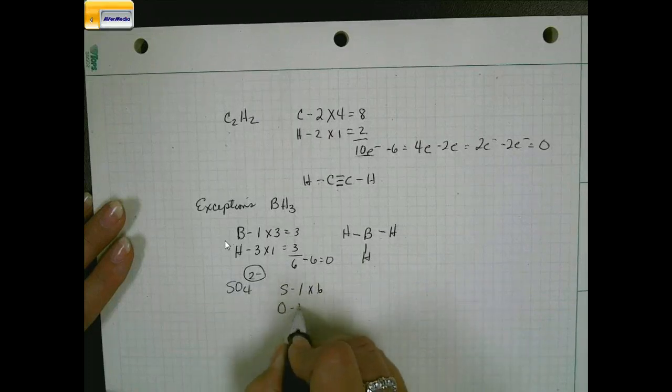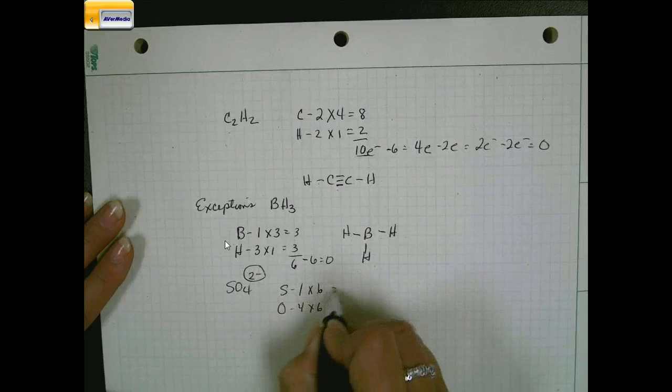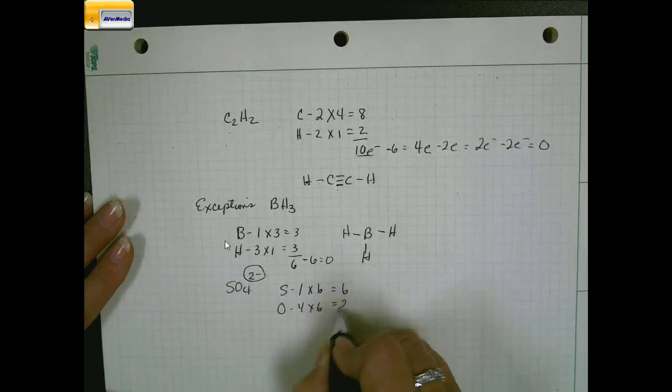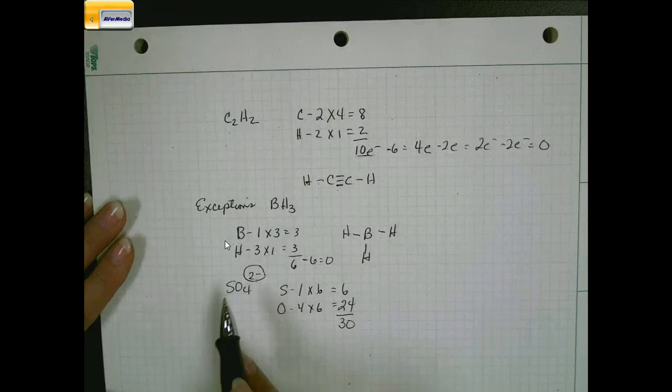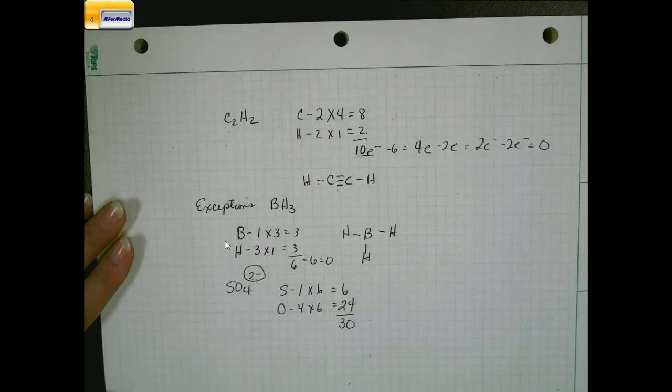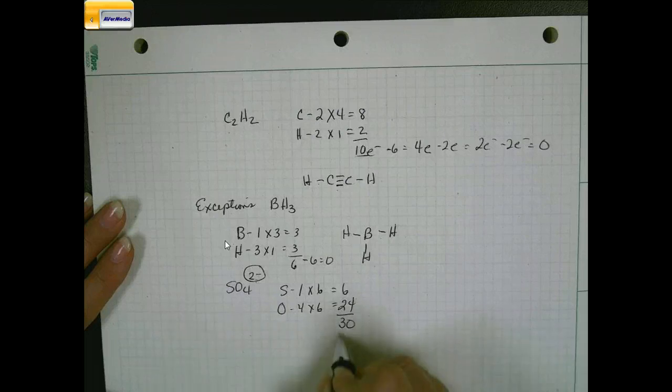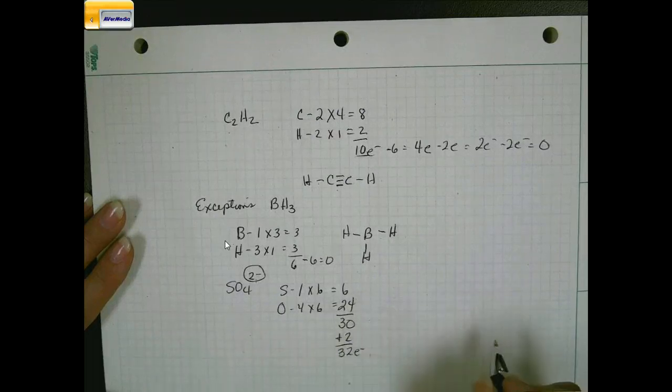Oxygen, I have 4 of those with 6 valence electrons. That's 6 and 24 for 30 electrons. But this -2 charge tells me I have 2 additional electrons that I don't have naturally with these 2 elements. They've added 2 electrons from somewhere else, maybe from a hydrogen or some other atom, and so I have to add 2 electrons to my count to get a total of 32 electrons.